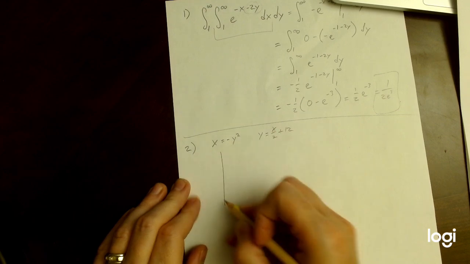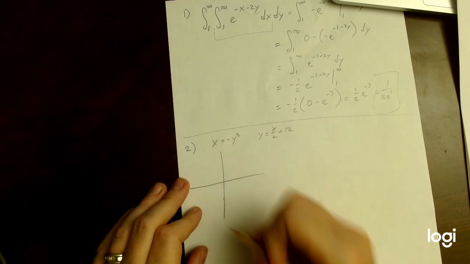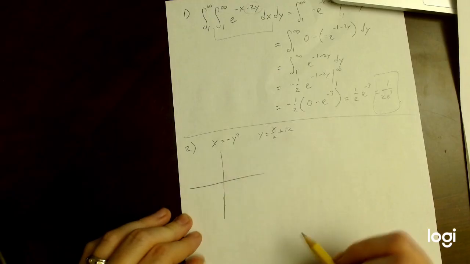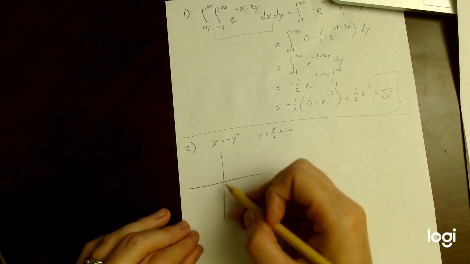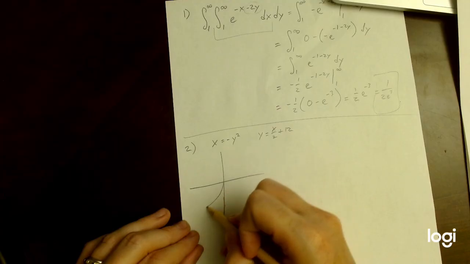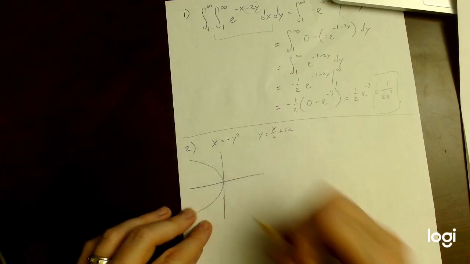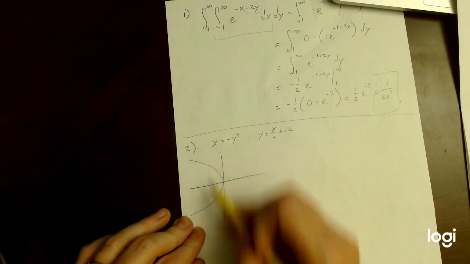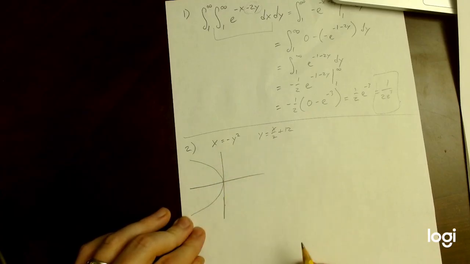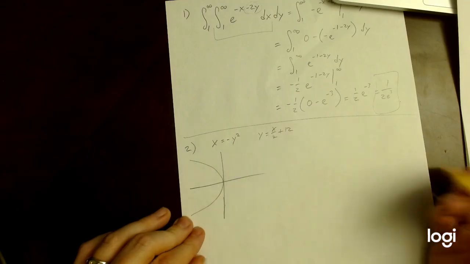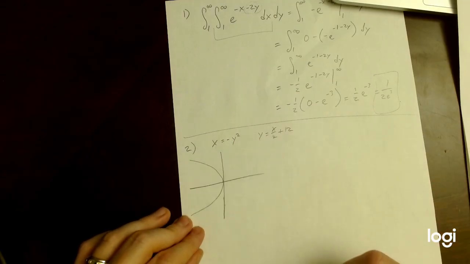So first thing first is let's just try to sketch this region. So x equals minus y squared will just be something like this. It's always going to be negative, or x will always be negative, so it's never going to cross into the positive x values here. And it's just a parabola, but it's a parabola facing off in this direction, like so.